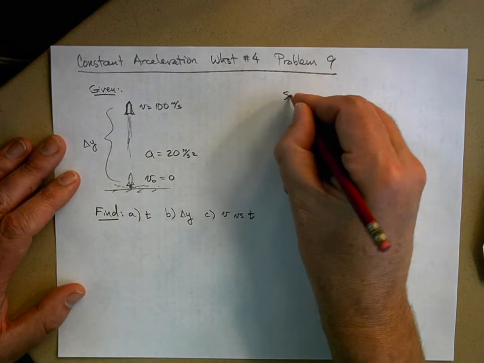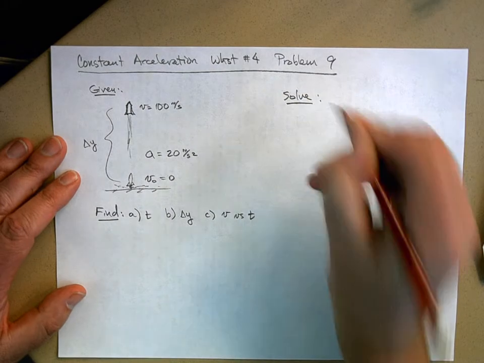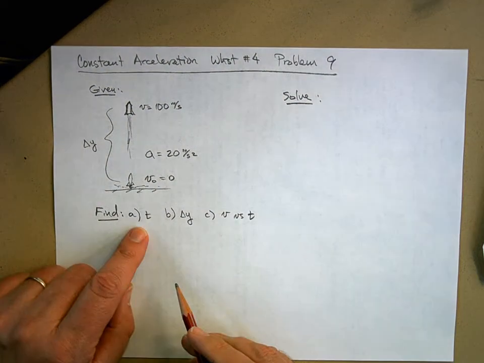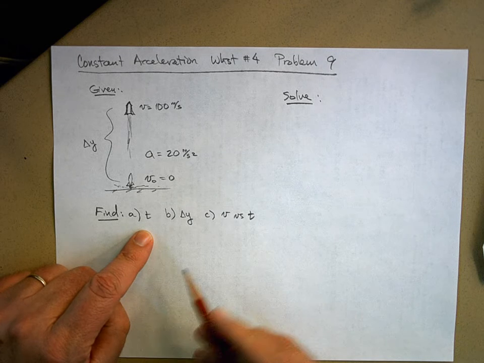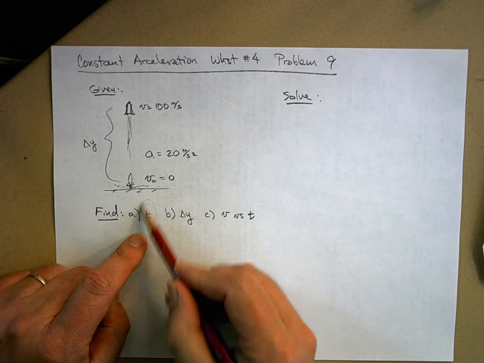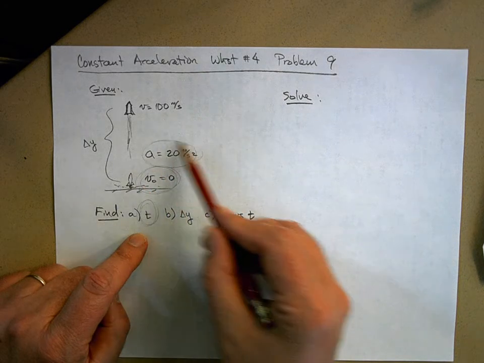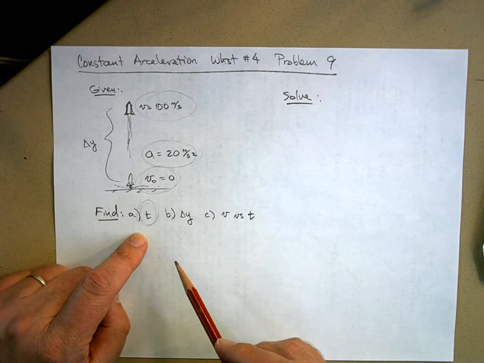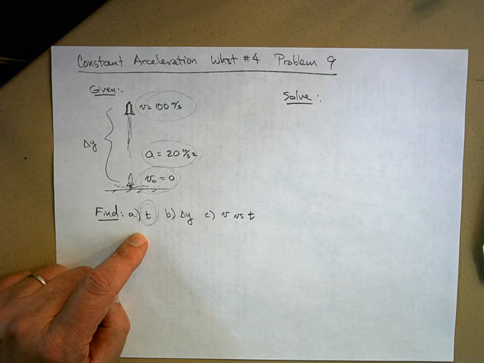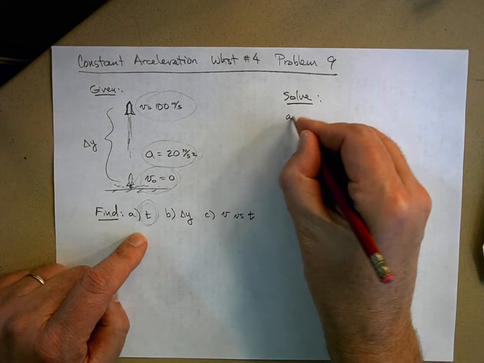Let's solve over here. Leave myself enough room. Well, okay, here's what I want: I want time, and I know the initial velocity, I know the acceleration, and I know the final velocity. What do I not know and not need yet? Delta x or delta y. So I use the equation that doesn't have it, the first kinematic equation.